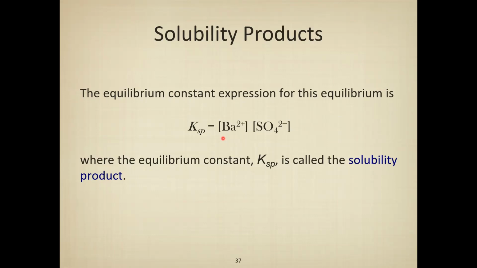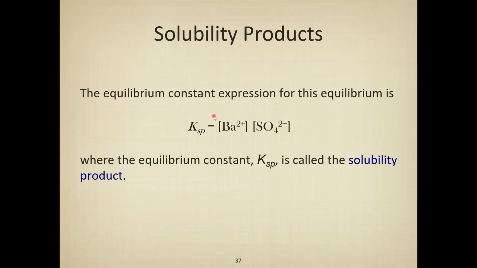So it's going to essentially show us how much of this substance, how much of those ions are being produced when we take the substance and dissolve it. And since it's the solubility product, that's why we're just going to call it KSP. So the SP is just solubility product. And if we look at this expression, we can see the barium ion concentration times the sulfate ion concentration.